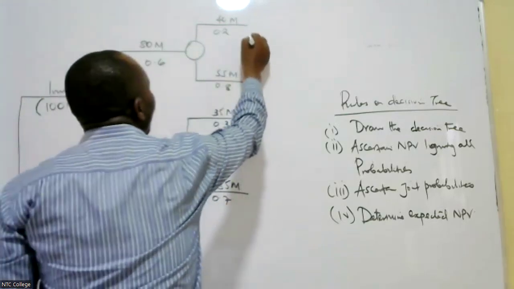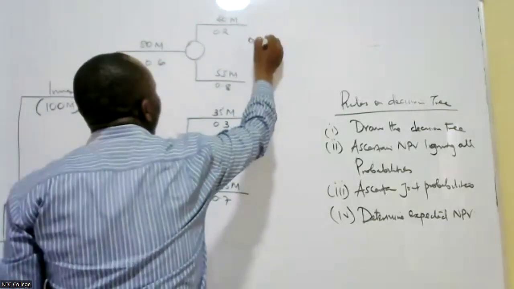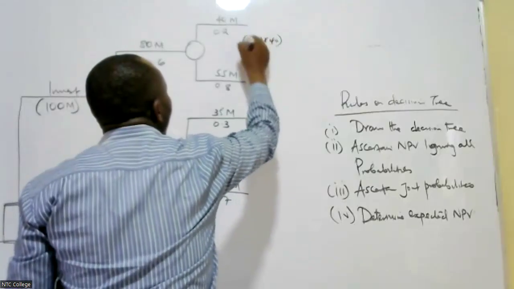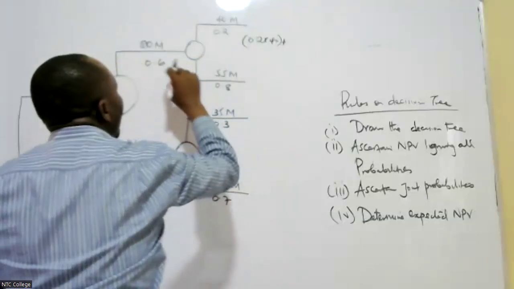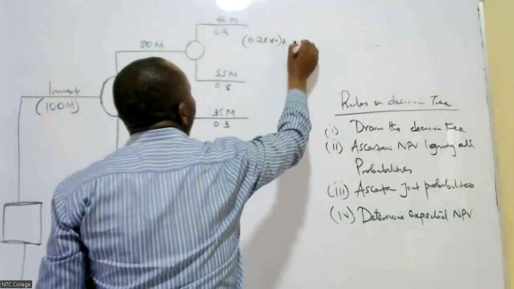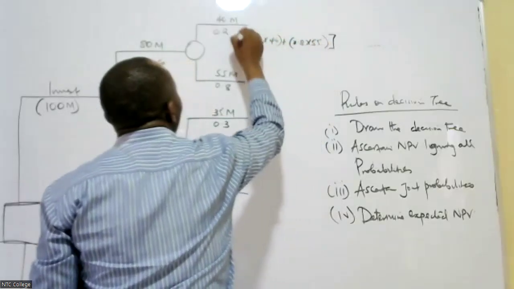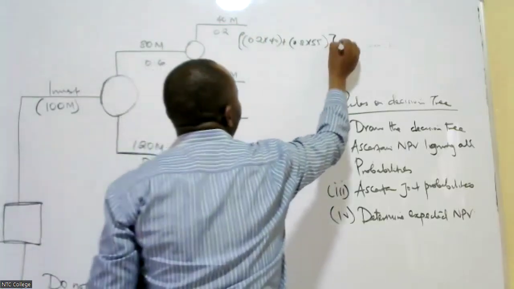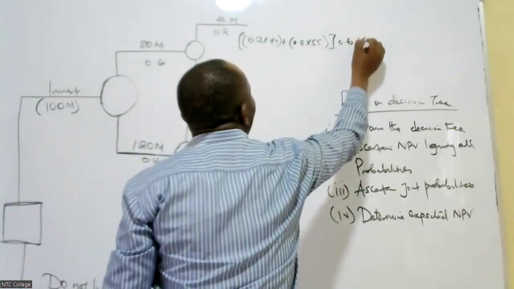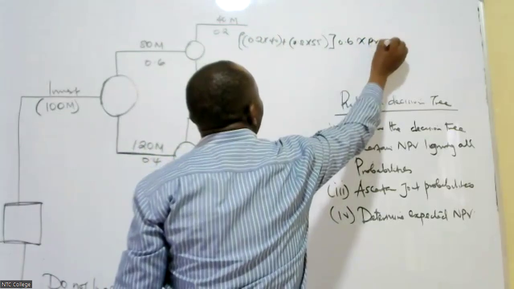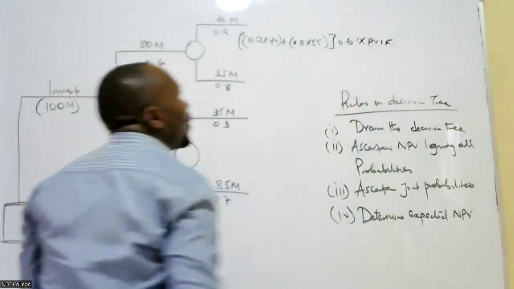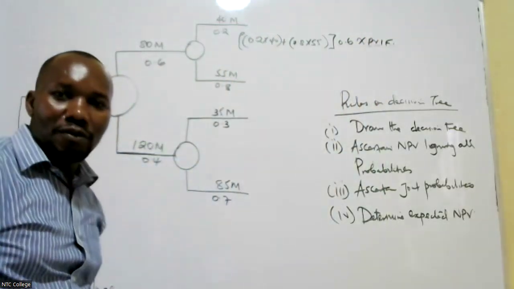That is 0.2 times 0 times 40 plus 0.8 times 55. All this you multiply with the common probability 0.6. Then now get PV for year 2. You are going to get their present value that way.